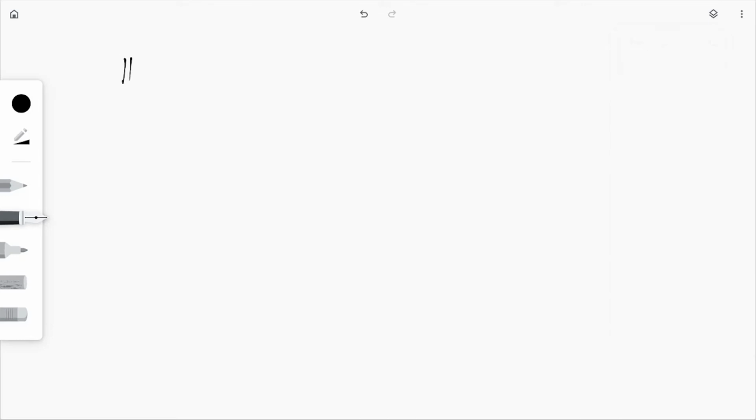Now consider norm of AXN minus lambda XN square. So this is inner product of AXN minus lambda XN, comma, AXN minus lambda XN. So I am simplifying this.